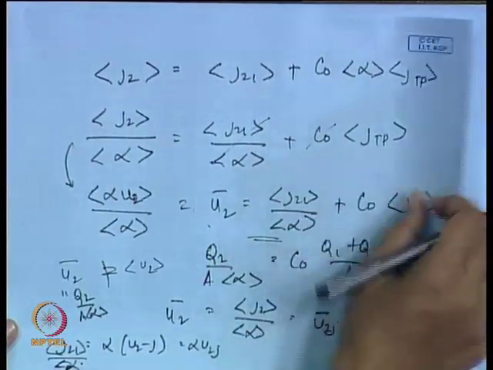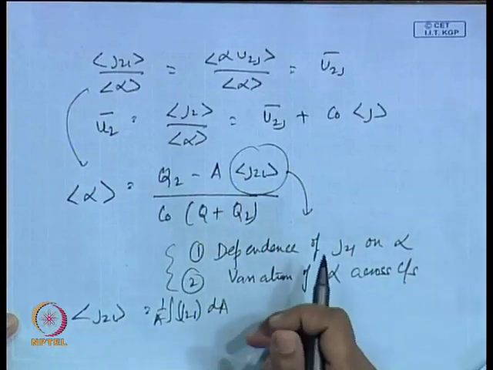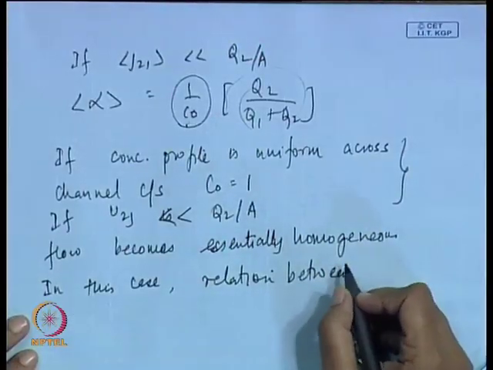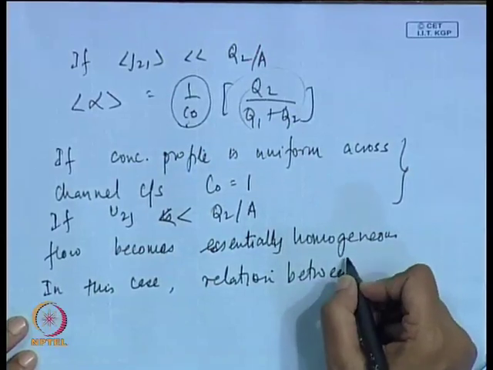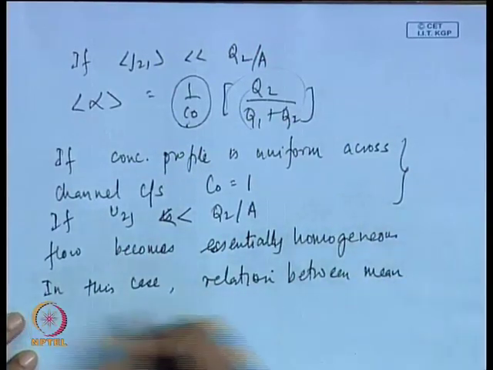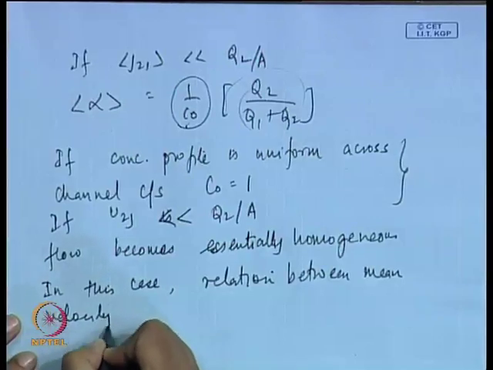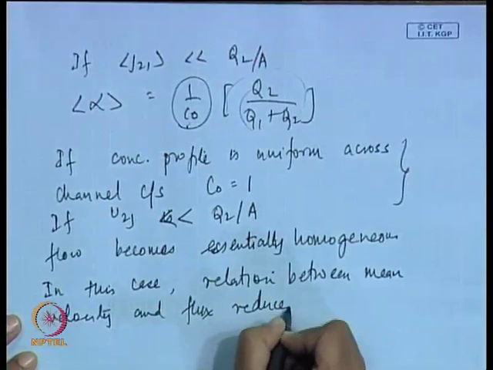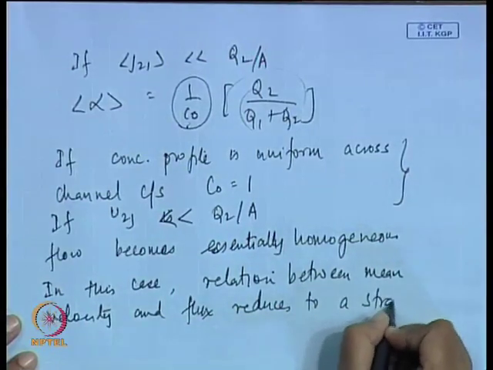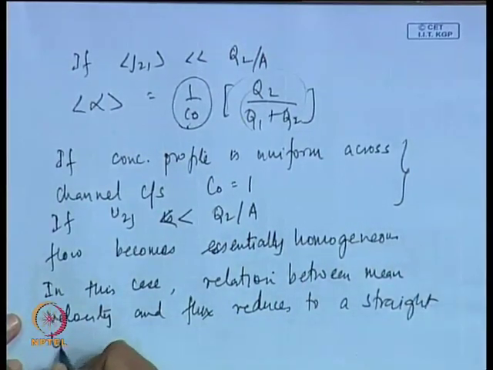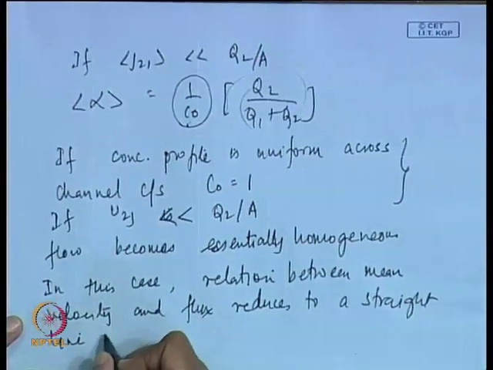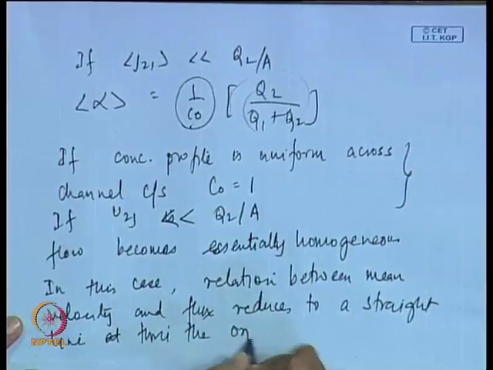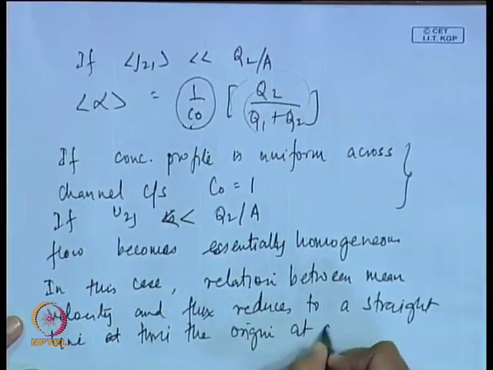So under that circumstance, the relation between mean velocity and flux reduces to a straight line through the origin at an angle of 45 degrees.